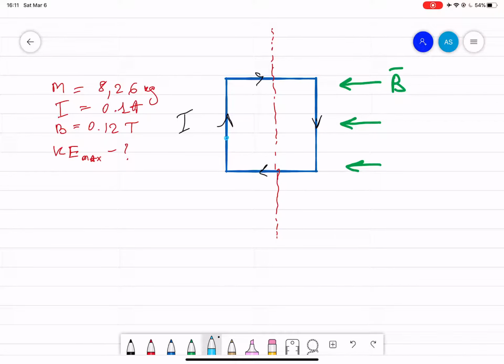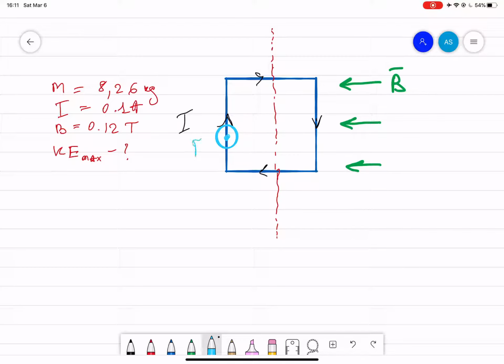If you take this point, the force will be pointing towards you. It's difficult to draw, but actually it's pointing to you, or in other words, out of the page.